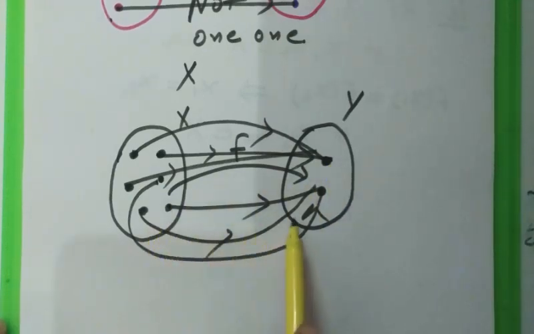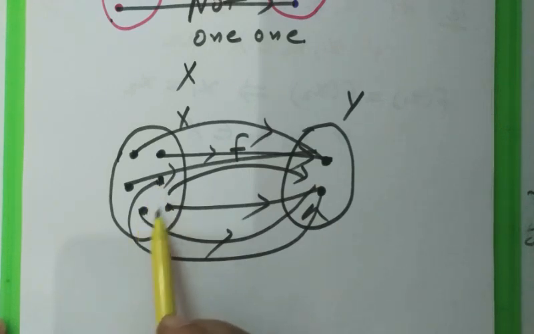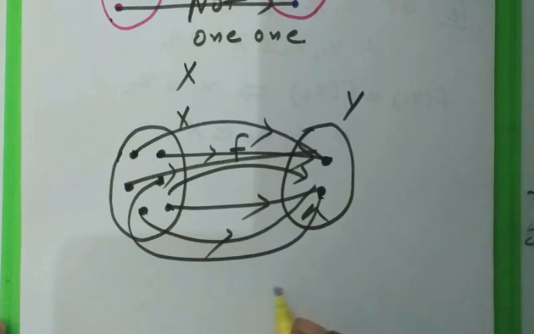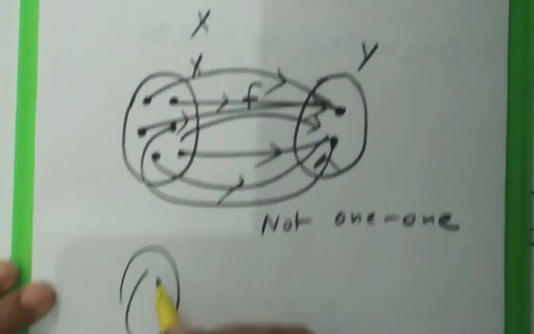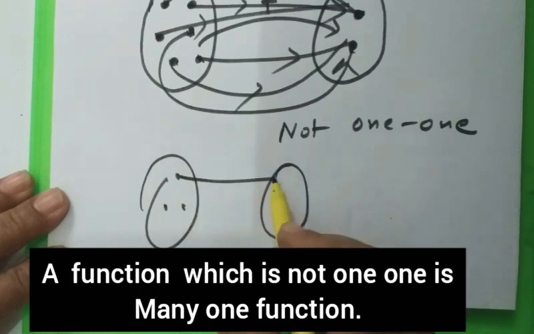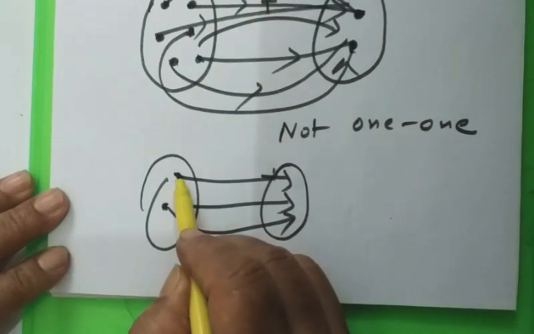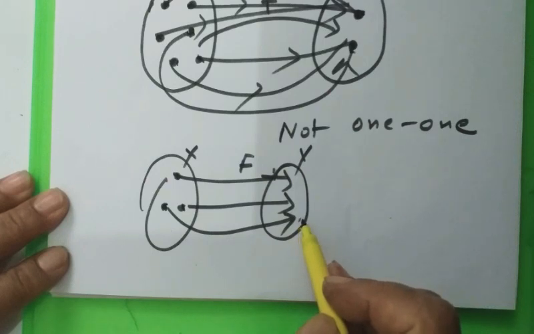Similarly, these elements were also different in the domain set, but their image was also the same. This should not happen for a function to be one-one. A function will be one-one if different elements of the domain set have different images in the codomain set.